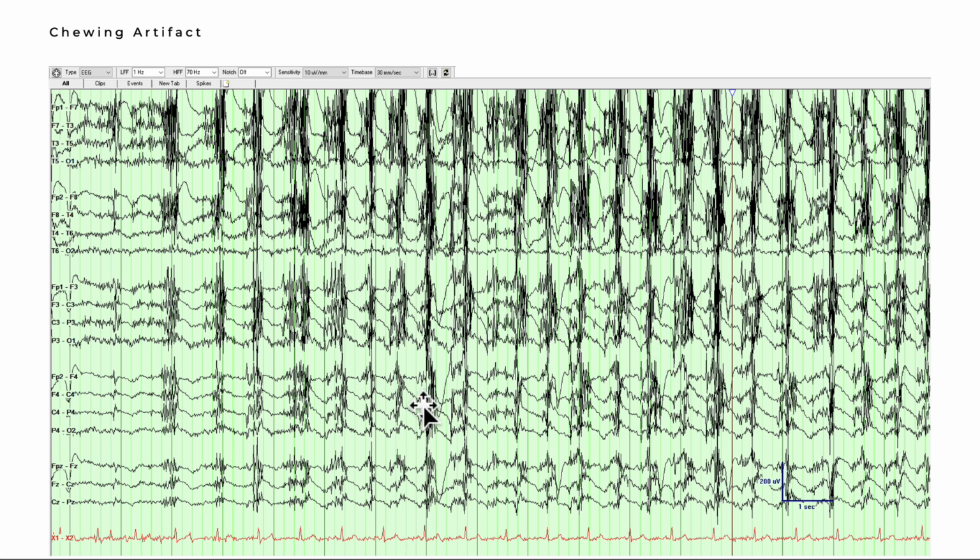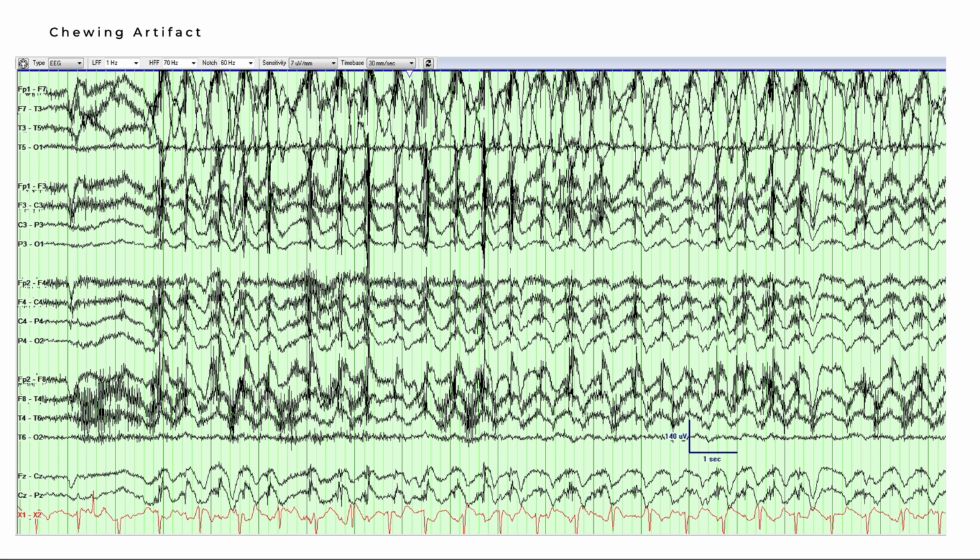But it is quite rhythmic, and you have this intermixed chewing artifact which looks like delta, so it can be hard to say when you overfilter this if it's an abnormality or artifact.